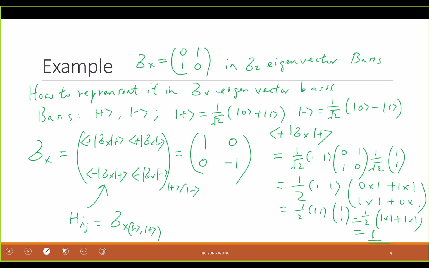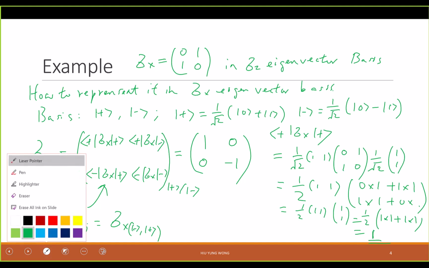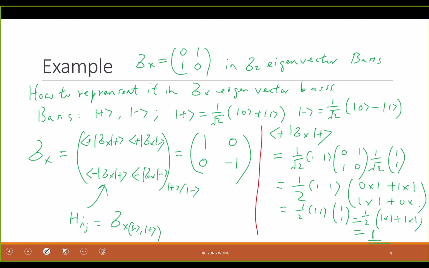So this is just an exercise, but the most important thing is do not just feel that I can do it and then you stop. Think about why, what we are doing. Particularly, when I'm doing this calculation, once I put something into a matrix form, I have chosen a basis to write it already.